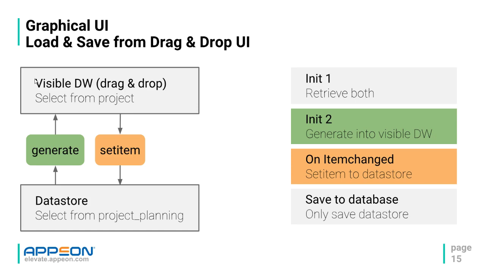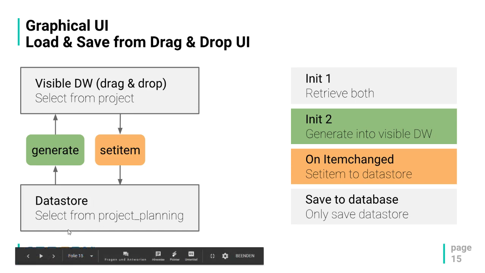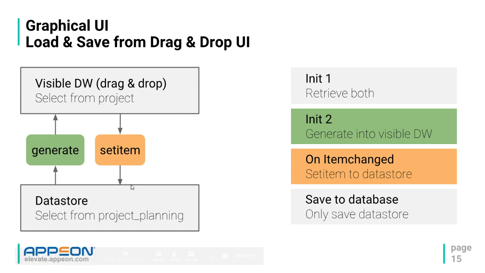You have a visual data window and you have a data store, right? So you need to make sure they're at the same level of information. So in the beginning, you put all the information from the data store up to your visual data window, and then every time you change something or you create something, you update your data store.